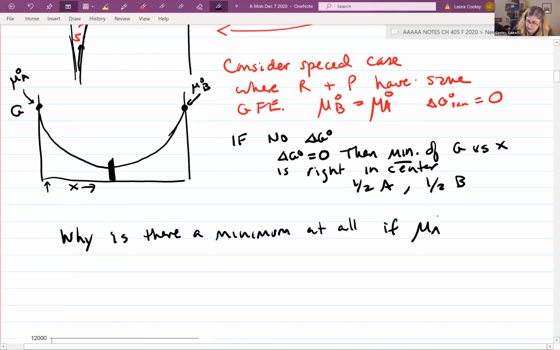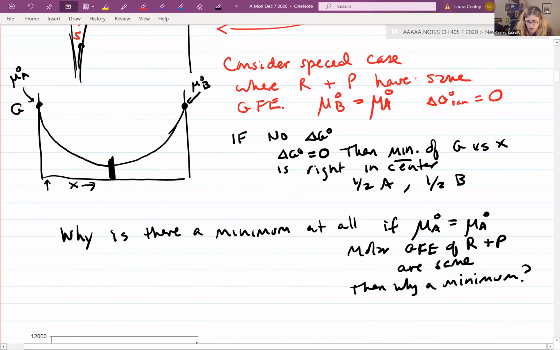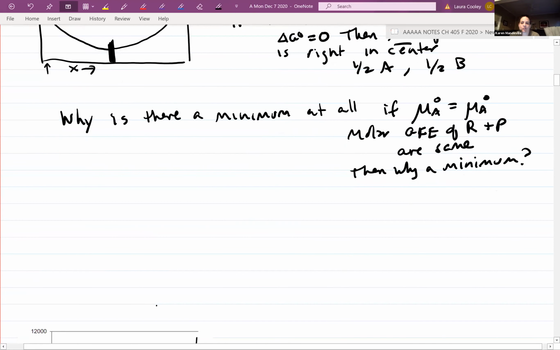If the Gibbs free energy of the reactants and the products are the same molar, then why a minimum? Why doesn't the G function go straight? Isn't it because it just matters on the initial and final state?